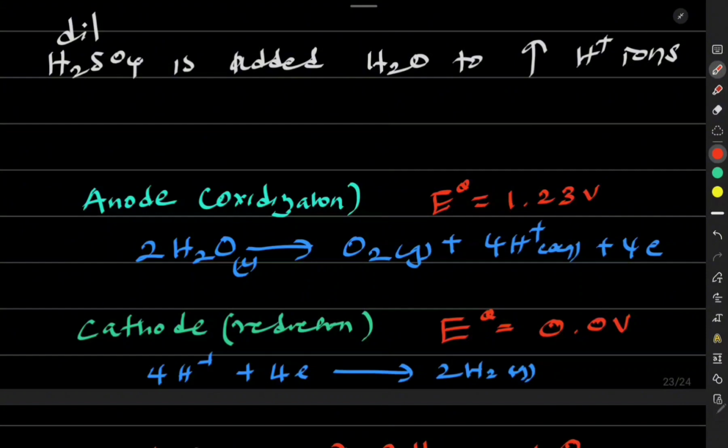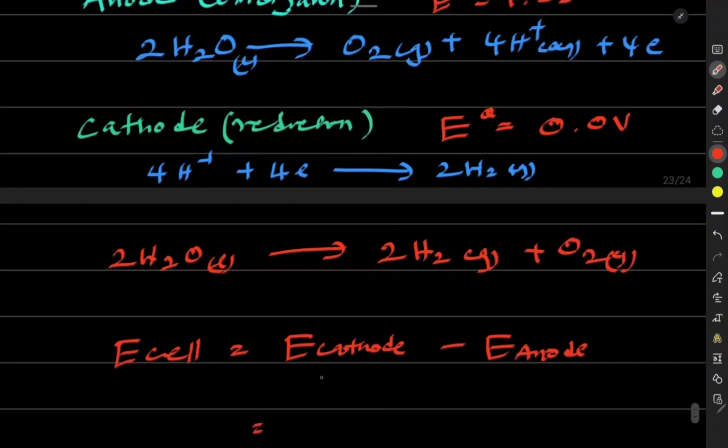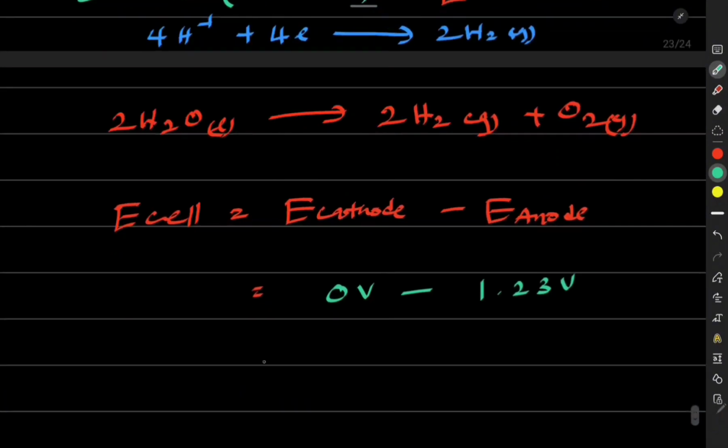This is the standard hydrogen electrode. If we consider those, the cathode is 0 volts minus 1.23 volts.